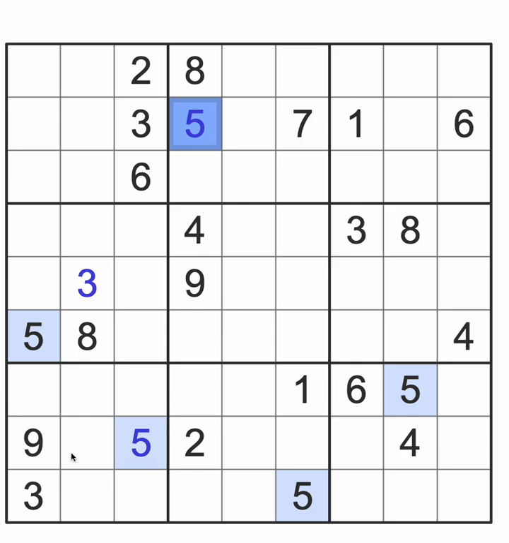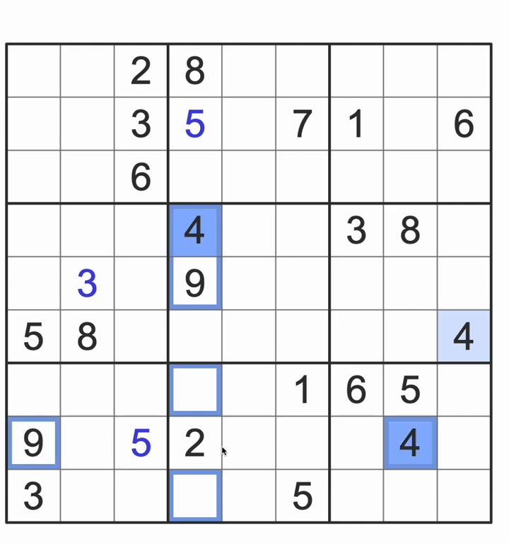Now there's a double in box 8. It's a double of 4 and 9, because here's 4 and 9, which block these. And row 8 also has 4 and 9. So these cannot be 4 and 9.